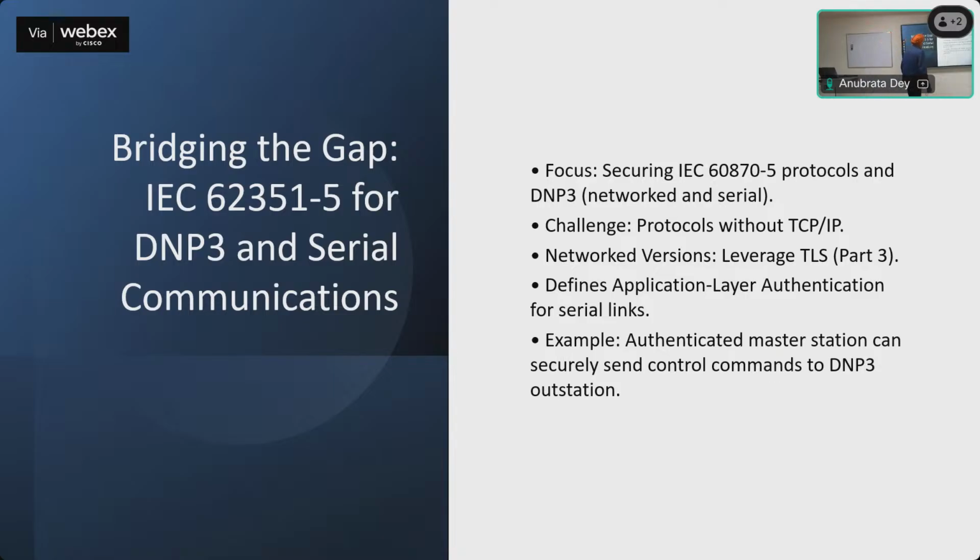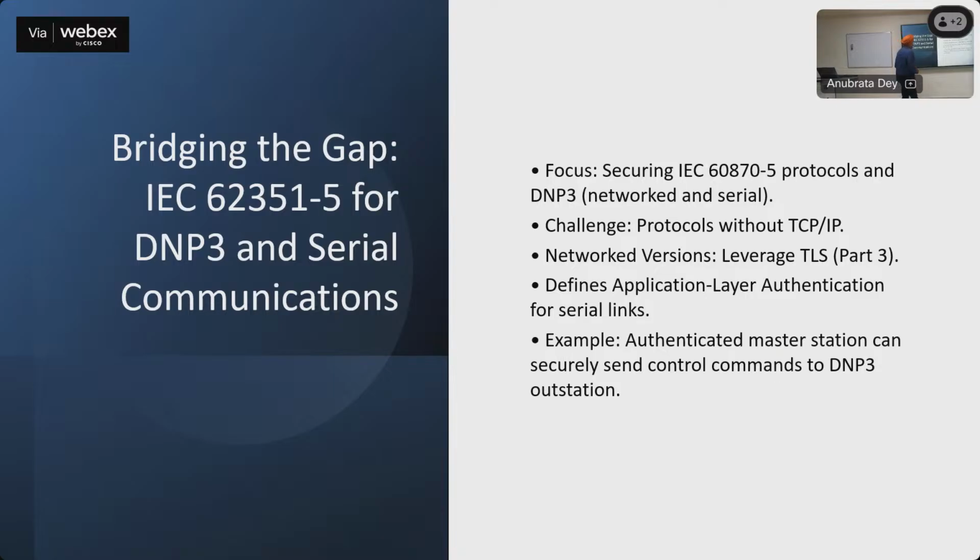So the challenge here is the protocols without TCP/IP, okay? So the networked version uses TLS, same like IEC 61850, right? If you have a networked version of DNP3, you have that. But if you have a serial version, then this particular part of the standard will define the application layer authentication, okay?